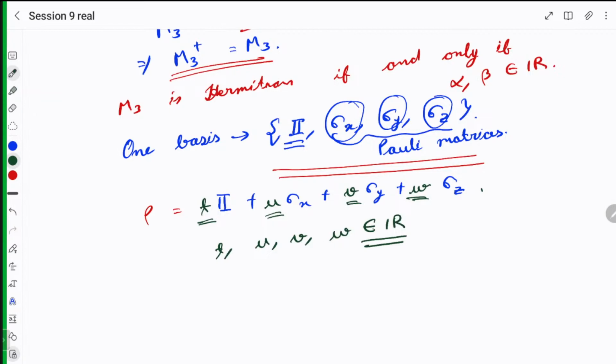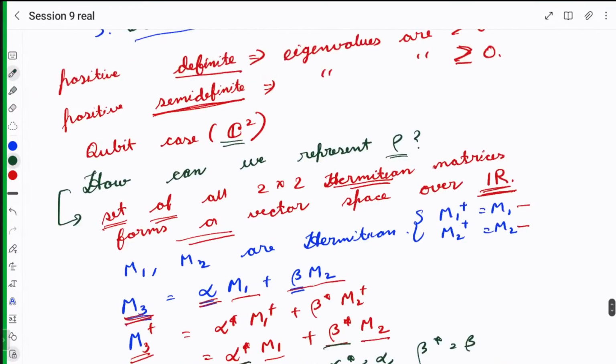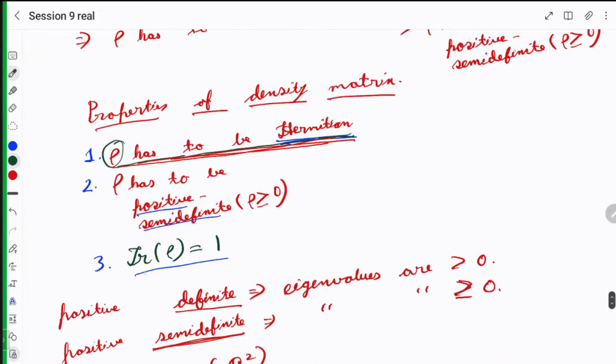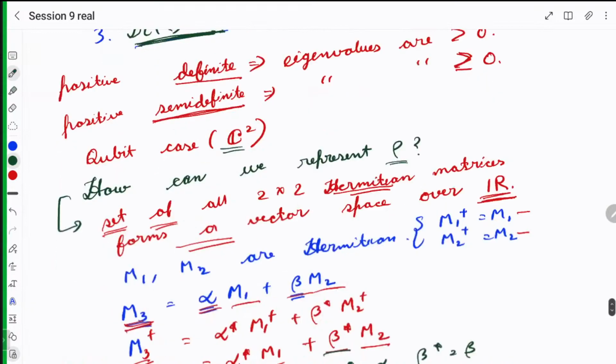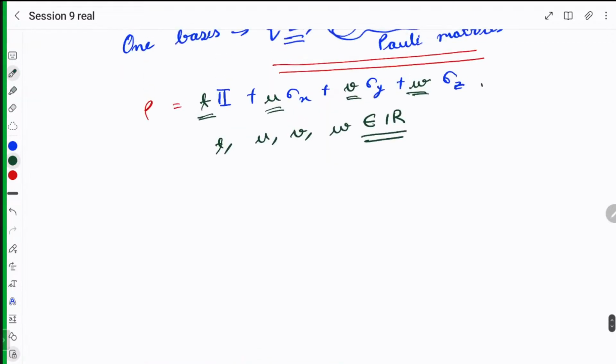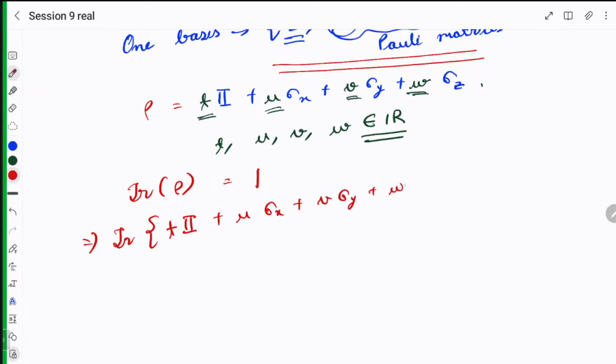But wait, we have only imposed the condition that rho is Hermitian. There are two other conditions also. One is that trace of rho is 1. So let's apply this condition. If trace of rho is 1, then trace of T I plus U sigma x plus V sigma y plus W sigma z is 1.